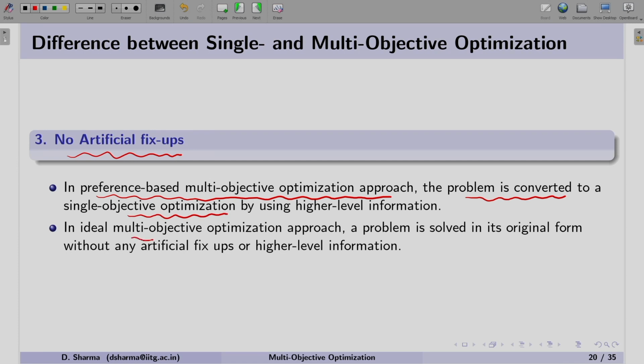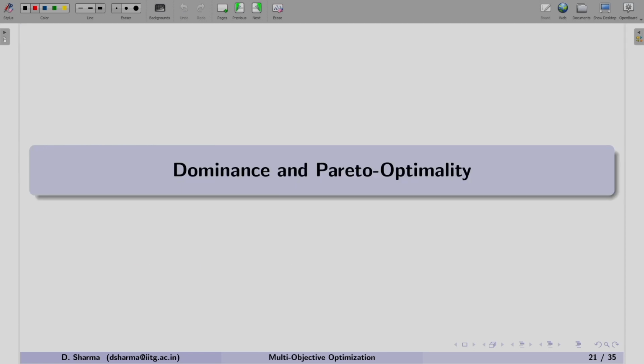However, in the ideal multi-objective approach, the problem is solved in its original form without any artificial fix-ups or higher level information.